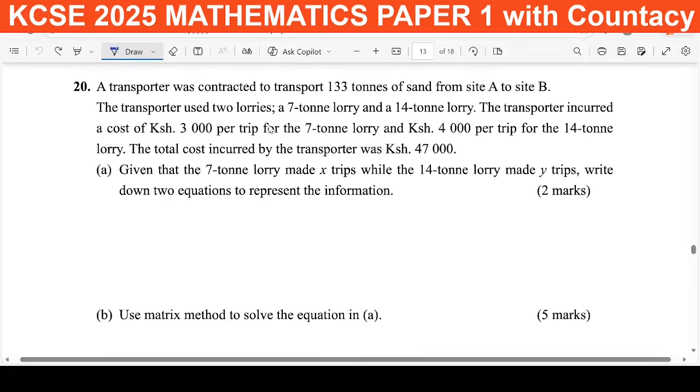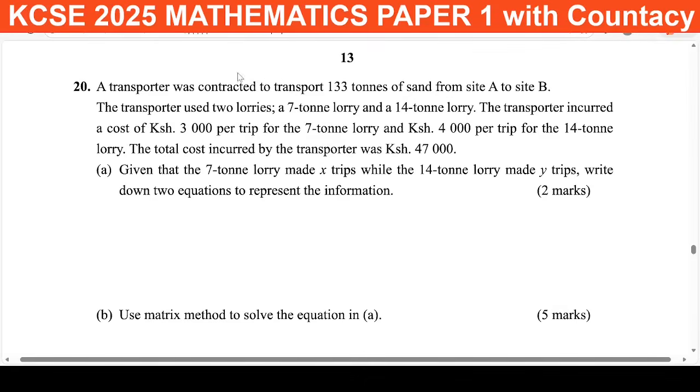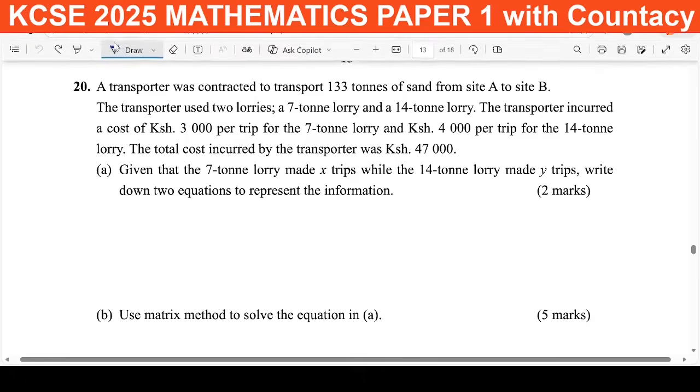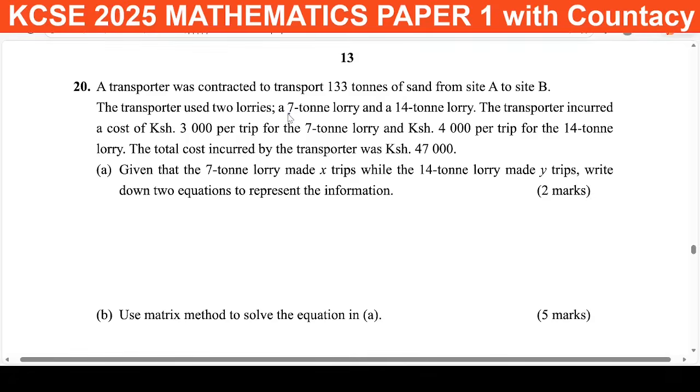You'll be surprised that we can simplify all this information in just 3 lines. Why? Because the information you are given involves this 7-ton lorry and a 14-ton lorry. That's of key interest to us.